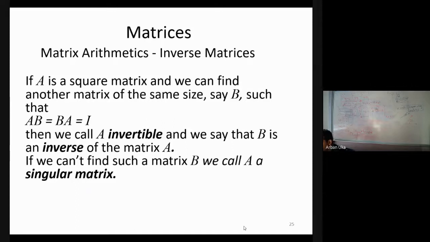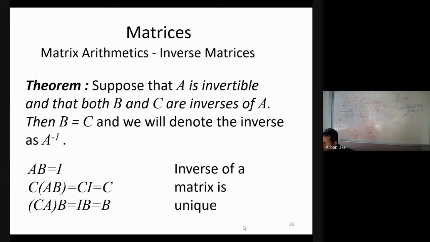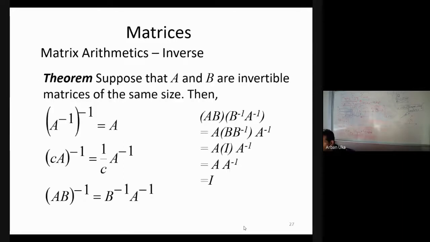Inverse is defined as A times B equal to the identity matrix. B, in this case, would be called the inverse of A. And the inverse matrices are unique, which means that for any matrix A, if the inverse exists, it's only one. You cannot calculate two different matrices which are both inverses of the same matrix. This is what this slide is talking about.